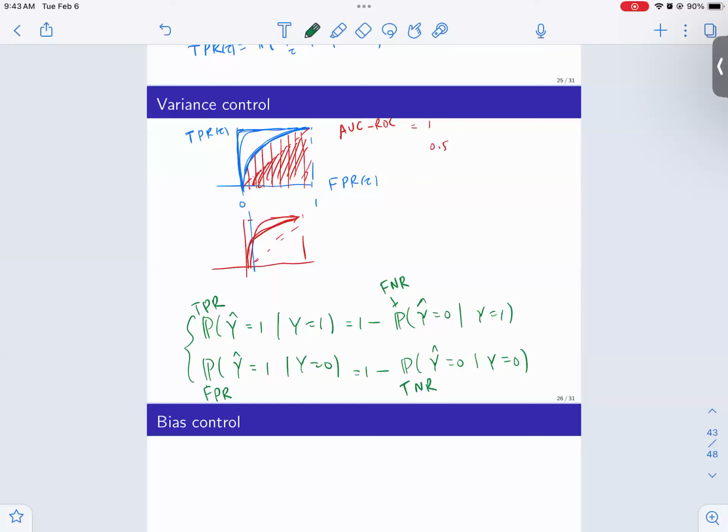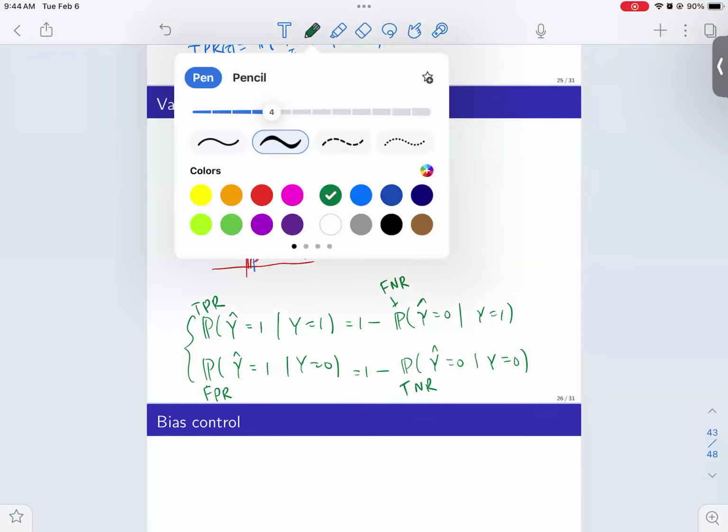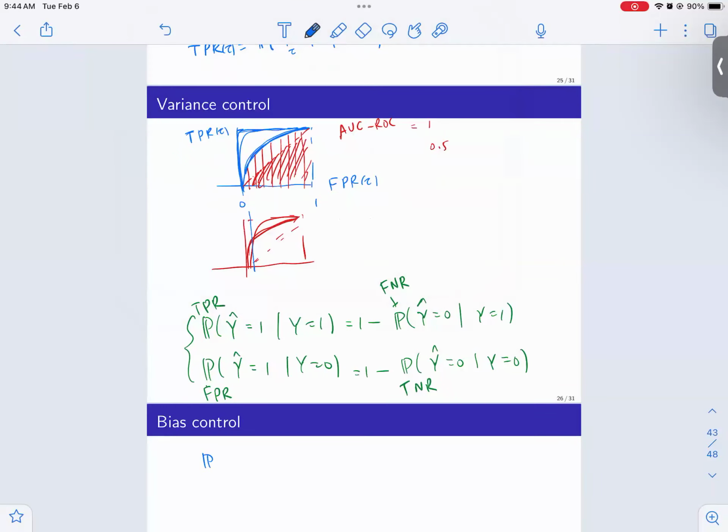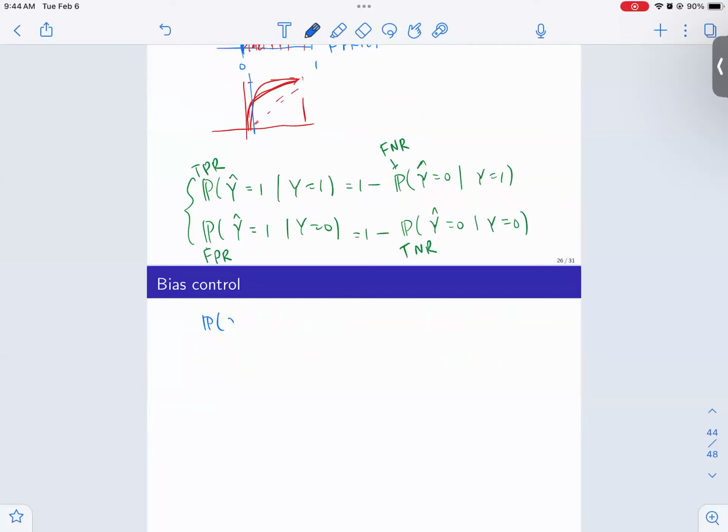These are conditional probabilities. If you want to calculate the probability of error, the risk was the probability of y hat not equal to y for the 0-1 loss. You can go ahead by conditioning on y being 0, conditioning on y being 1, but then you also have to multiply by the probability.